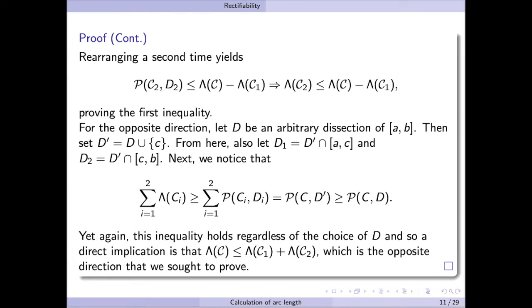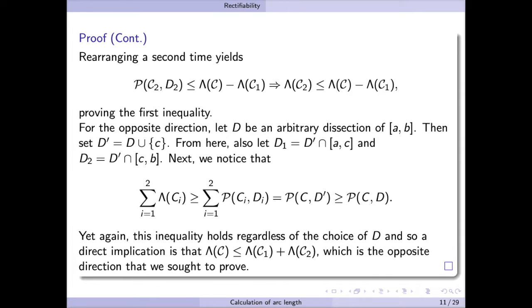Using this arbitrary dissection of AB, we then proceed to define D1 and D2, not the other way around. To ensure that D contains the point C, we create a refinement of D called D prime, which equals the union of D with C. D may or may not contain C, but D prime definitely does.